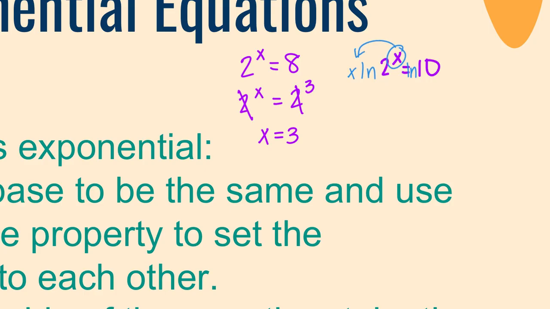So we are going to do some examples on the next slide, and you'll see it in practice. But what this will look like is I'm going to have x times ln of 2 equals ln of 10. And then I'm getting x by itself by dividing, okay?